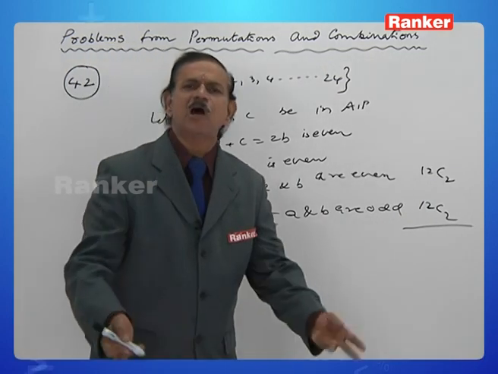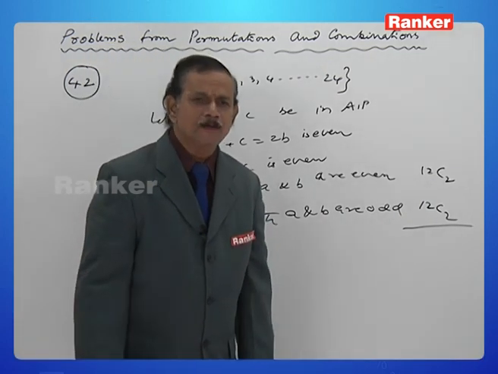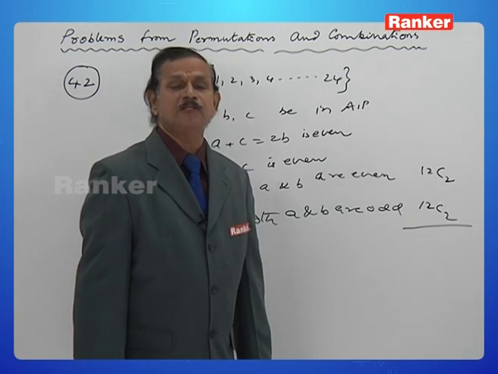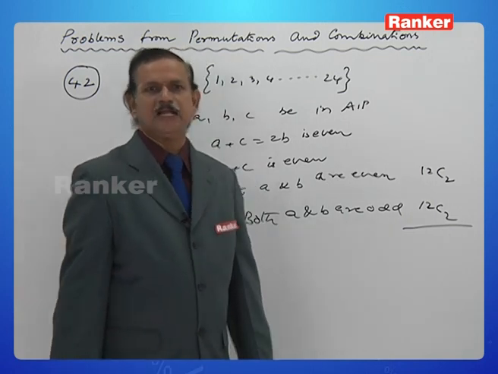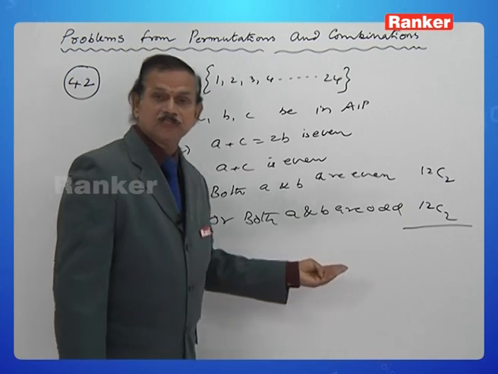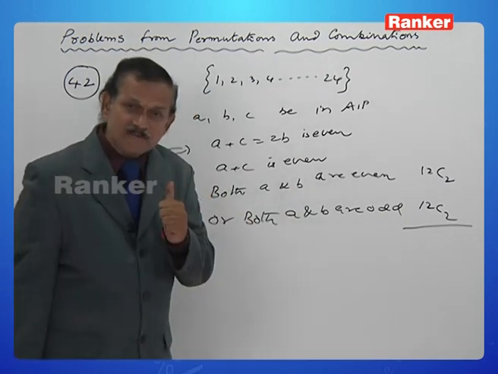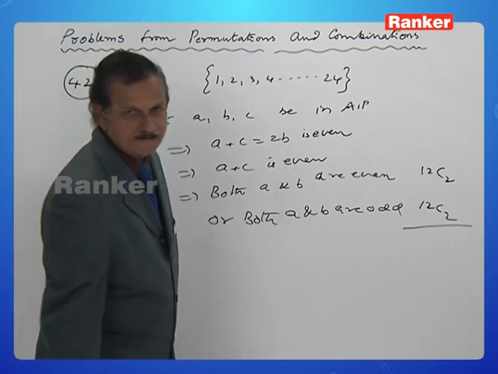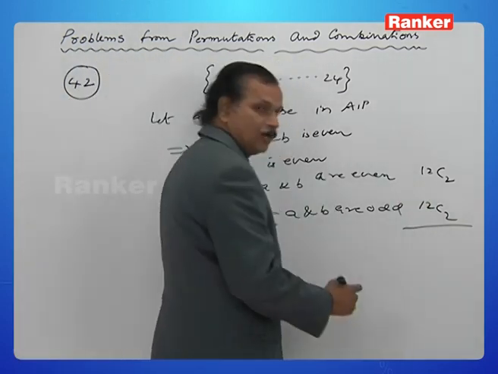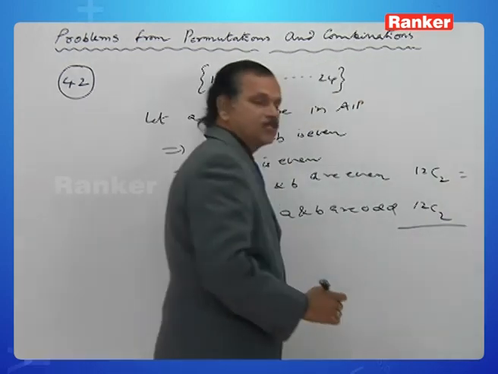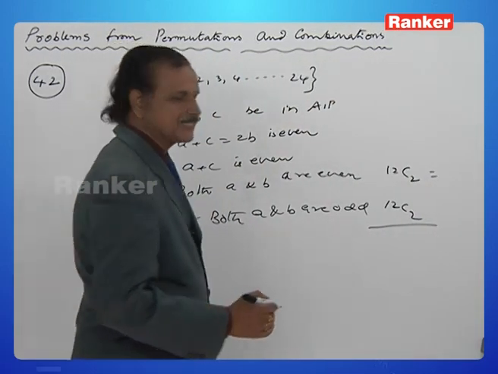Is it plus or into? Recollect the fundamental principle of counting. Are these 2 things happening at a time? At least one of the things, or exactly one of the things? Exactly one of the things. Therefore, you are supposed to add them. What is 12C2? 12 into 11 by 2, that is 66.